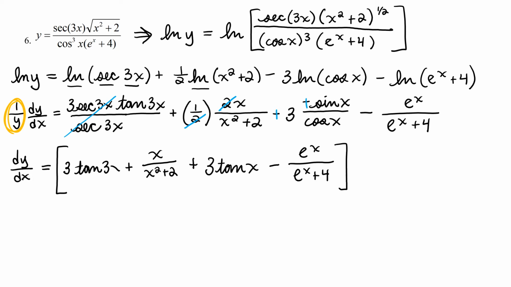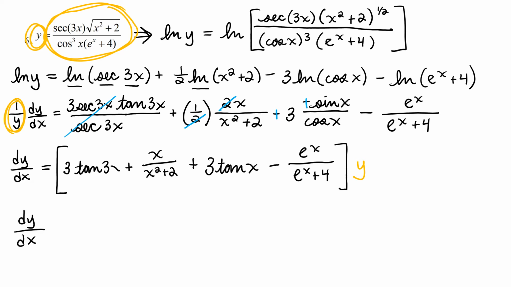And then we multiplied both sides by y. Then one last step. We know what y is. Y is equal to this mess. So because we have what y is equal to in terms of x, we want to substitute that back in.